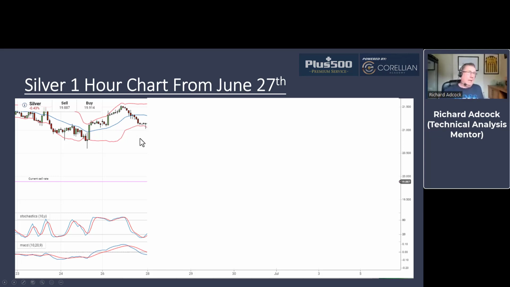Now, obviously, if we're trading from a short-term perspective, we all have to sleep. So if we're trading from a UK base, for instance, this was the 11 p.m. close on June the 27th, and we probably wouldn't actually be active until 7 or even 8 o'clock the next day.